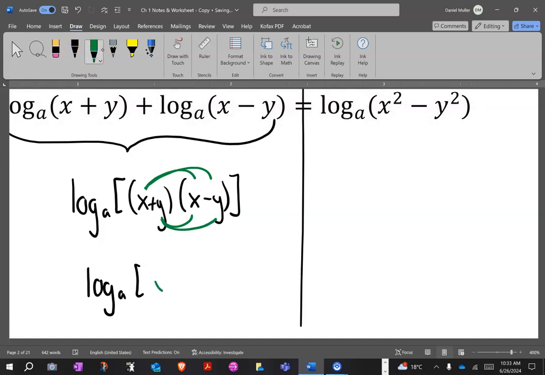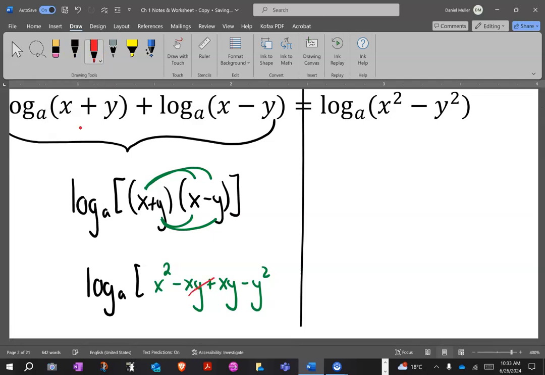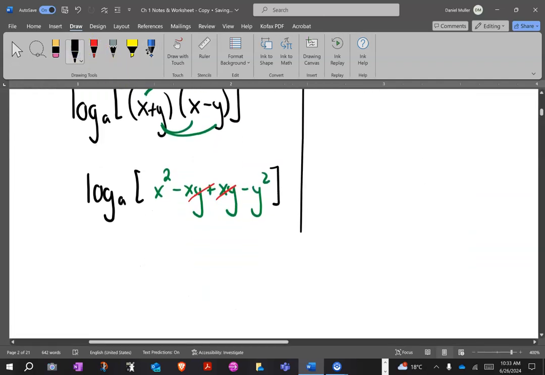So I'm going to have an x squared minus an xy plus an xy and minus a y squared. And these are the same, but one's positive, one's negative, so those can cancel out. So I have log base a of x squared minus y squared.